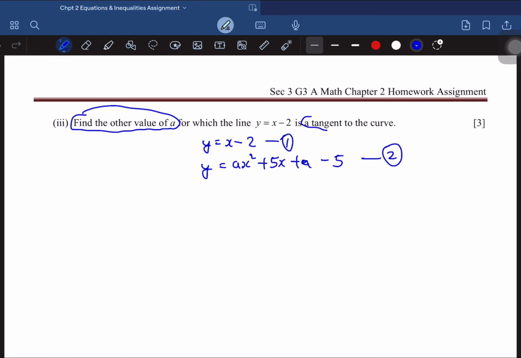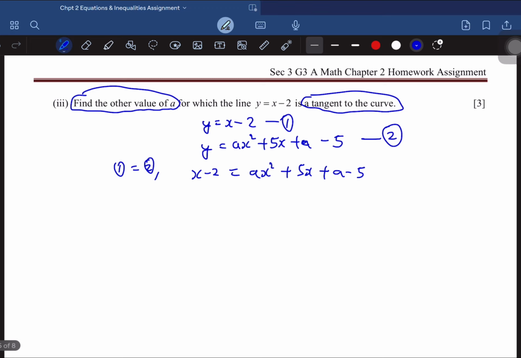So we need to know whether the question wants us to solve or wants us to show. Show is another set of presentation. Solve is another set of presentation. The way to present is different. So with this, my equation 1 equals to equation 2. So I have x minus 2 equals to ax squared plus 5x plus a minus 5.